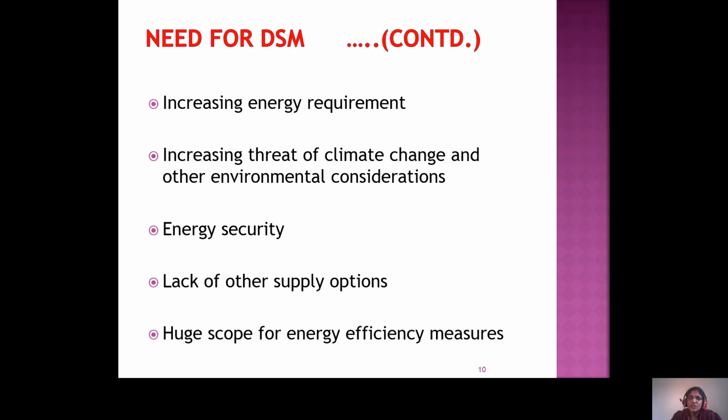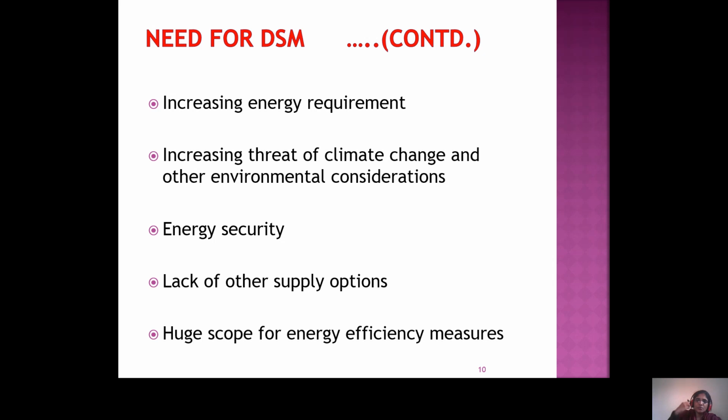So from the above example, the need is clear: increasing energy requirements, increasing threat of climate change and other environmental considerations, energy security, lack of other supply options, and huge scope for energy efficiency measures.